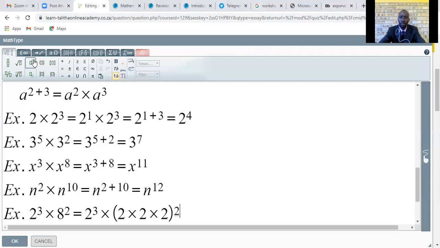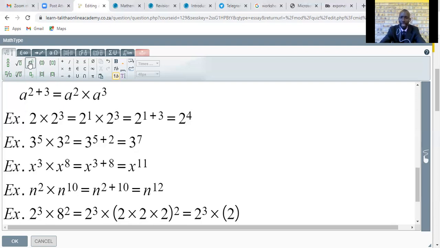You see that? And so what do we get for that? Well, we will get 2 with the exponent of 3 for the first one. Then we will multiply this. Notice that what is inside the bracket can be written as 2 with exponent 1.